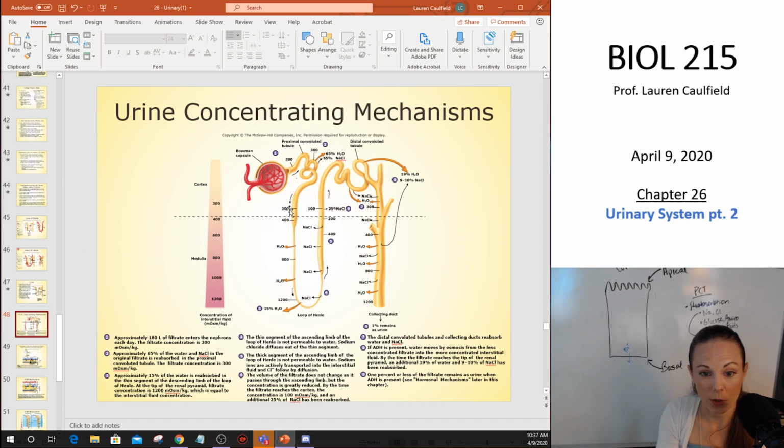So as we descend, we are increasing the concentration of solutes in that interstitial fluid, and as we ascend, we are going back up to areas that are less concentrated.